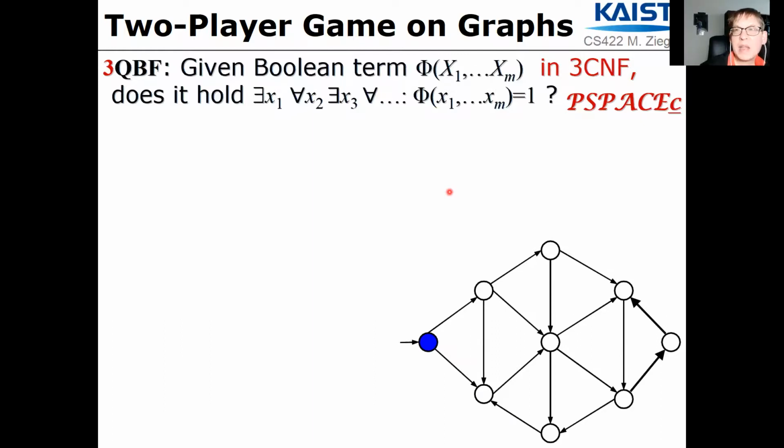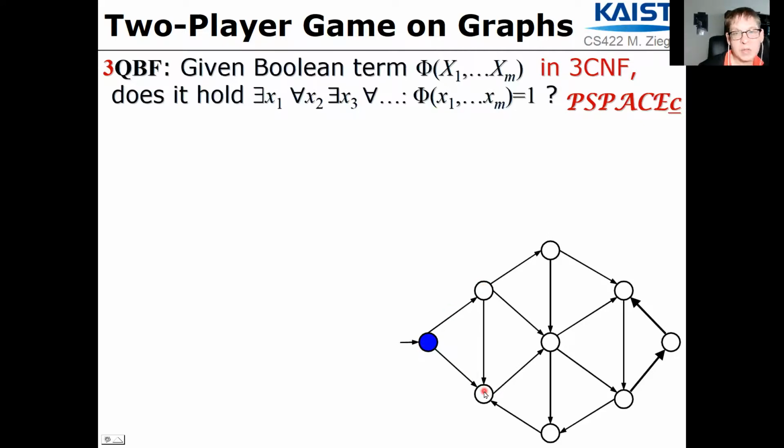Then alternatingly, the red player's turn is to place a red pebble on a vertex which can be reached from the current blue one. This is just one example graph, but I would like you to imagine any other directed graph. Let's put a red pebble on some successor of this blue pebble, namely this one or this one. These are the two possible successors because there are directed arrows from here to here or from here to here.